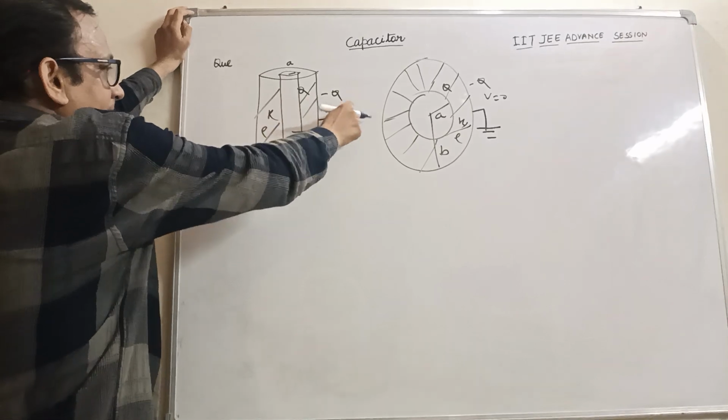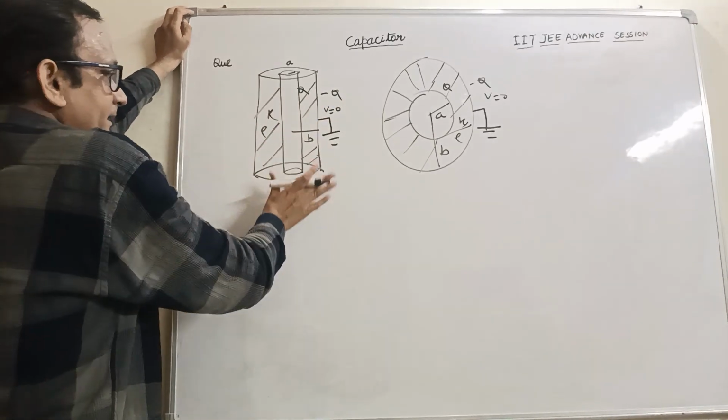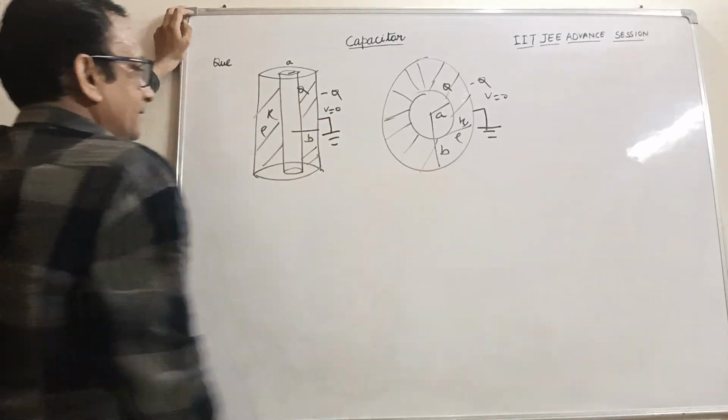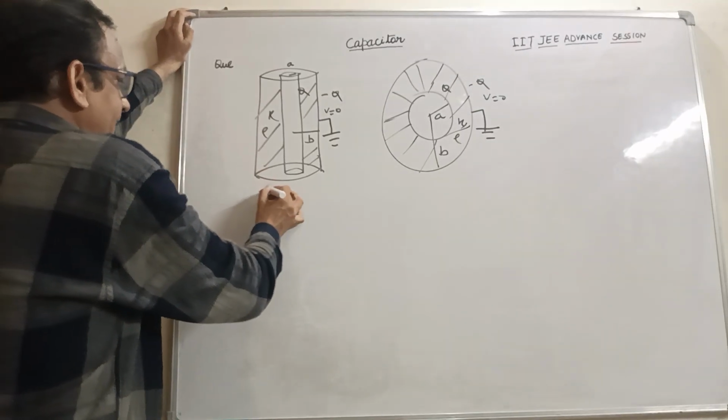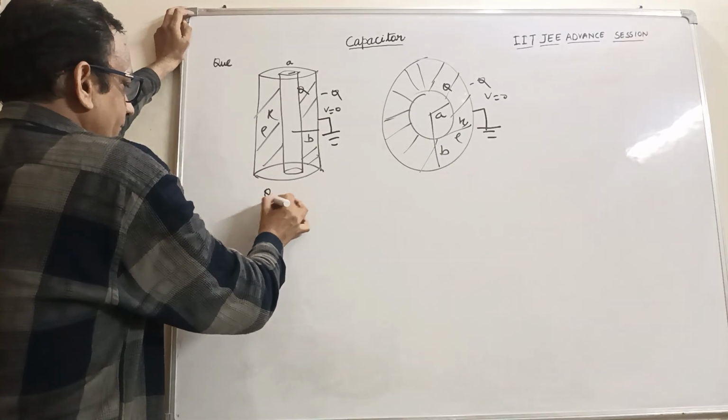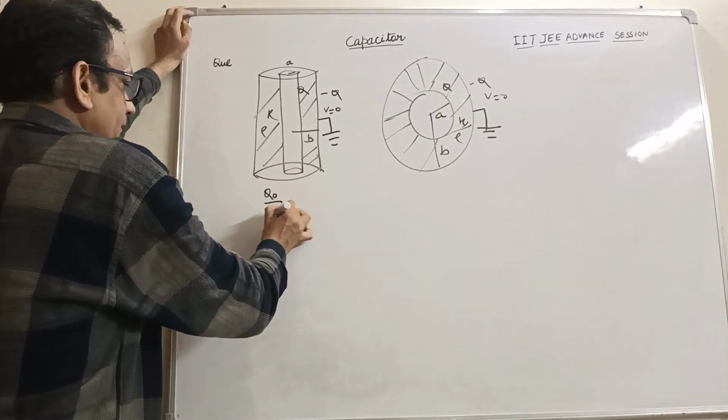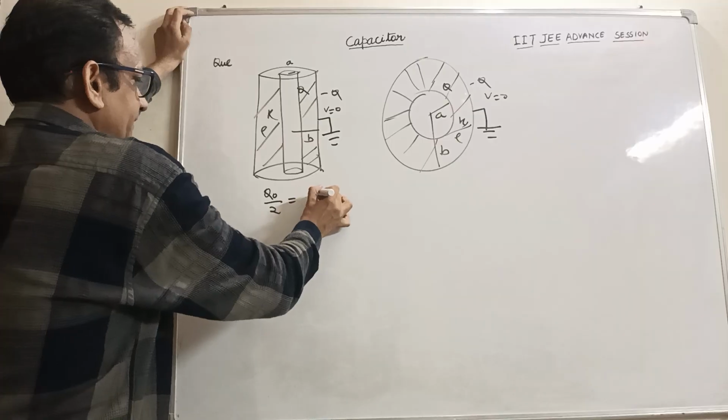So plus q charge and negative q charge, so this behaves as a capacitor. So we have to find the time when the charge becomes half of the initial.